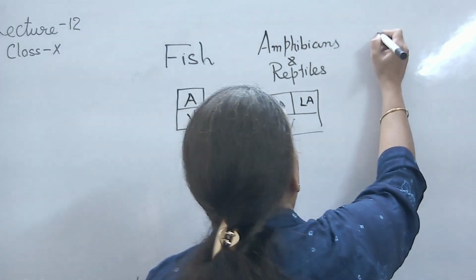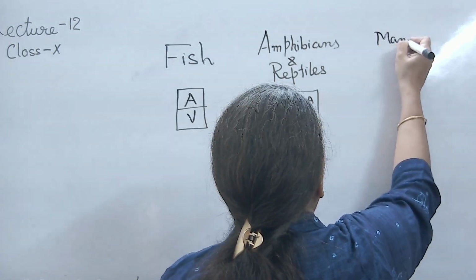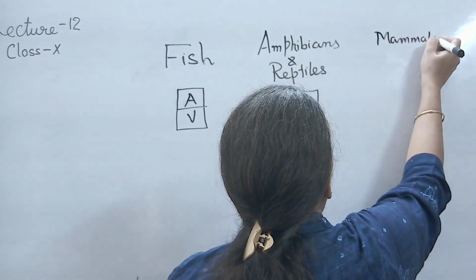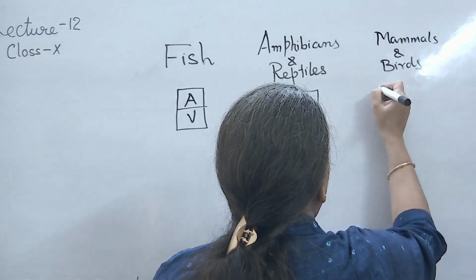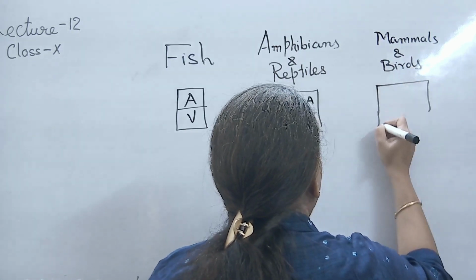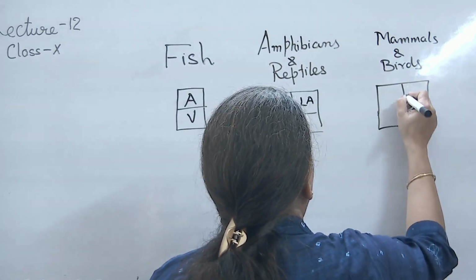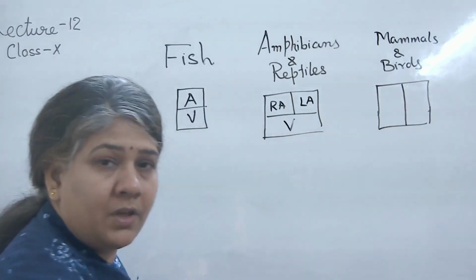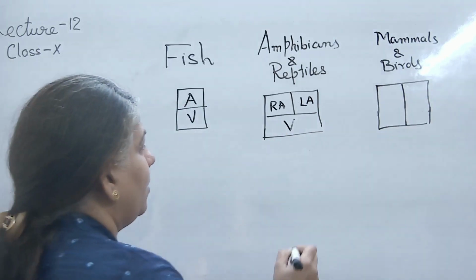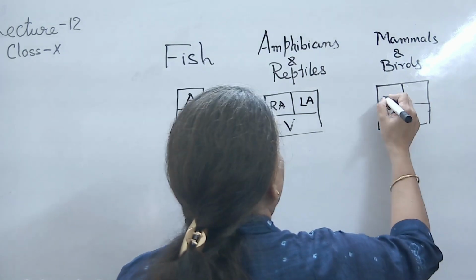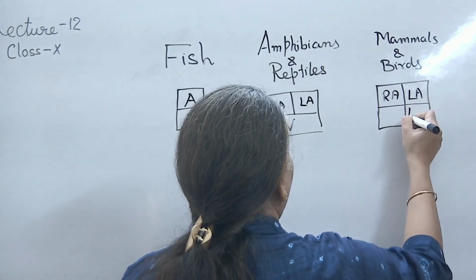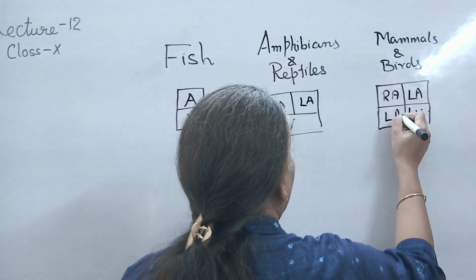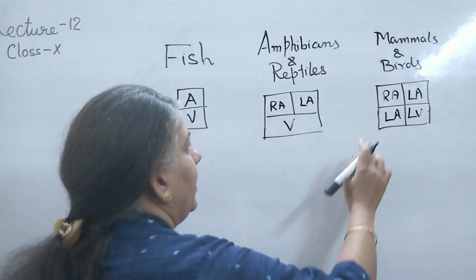Okay, in case of mammals and birds, there is complete separation of left and right half. So there is no mixing of blood.